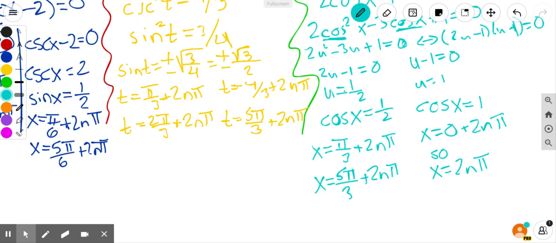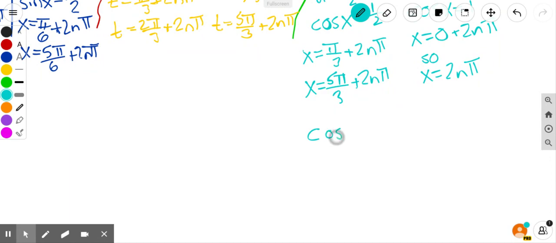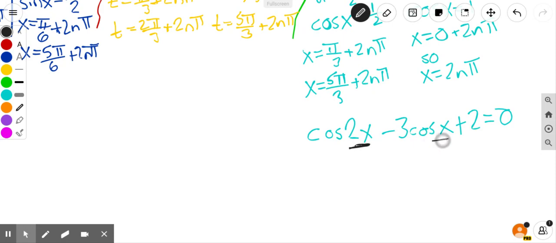I know that some of you guys may look at this last one using a double angle identity, but it is in your best interest to make sure that the input to your trig functions are the same, meaning that you don't want to have to work with cosine of 2x minus cosine of x plus 2 is equal to 0, because if these are not the same, then you can't do any factoring.